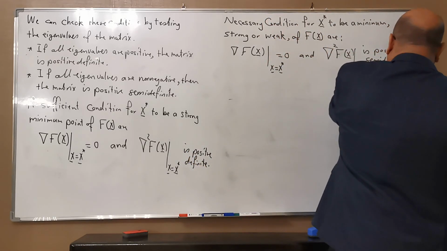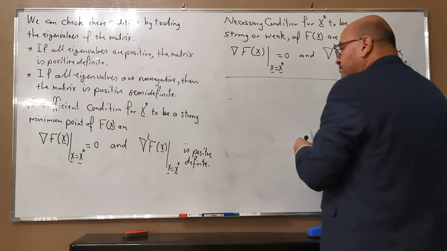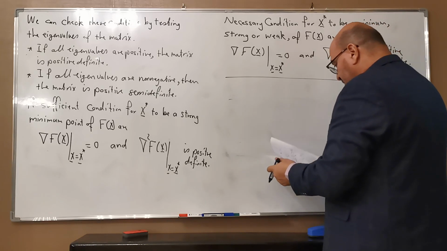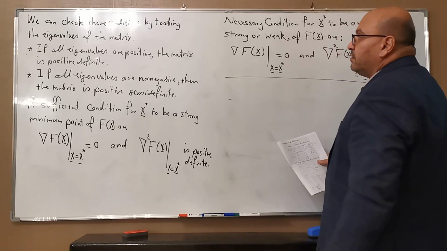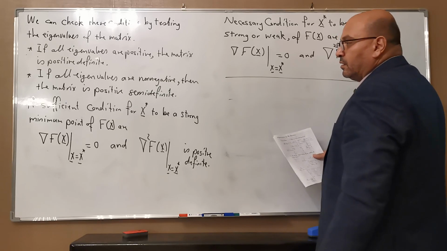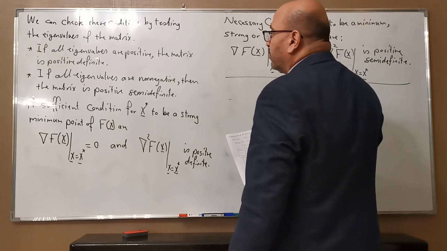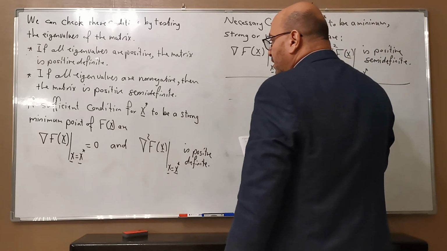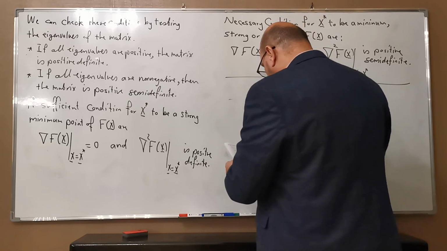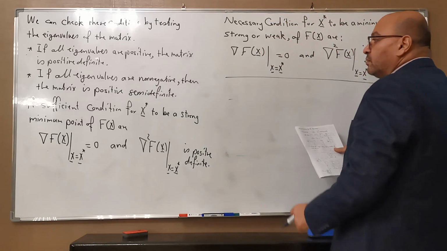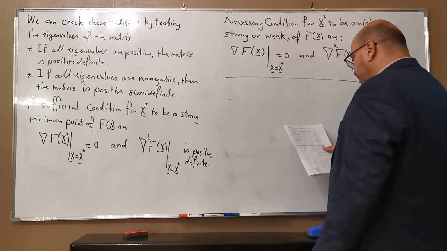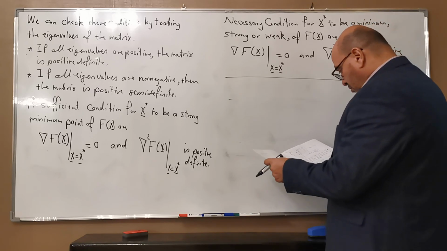Let's see this through an example. Let's see how we can discuss the optimality, looking at all those points that are stationary points, and see how we can calculate the minimum and discuss it together.